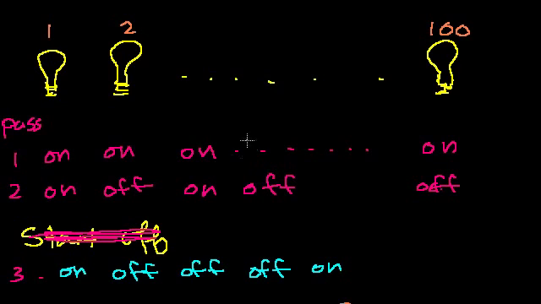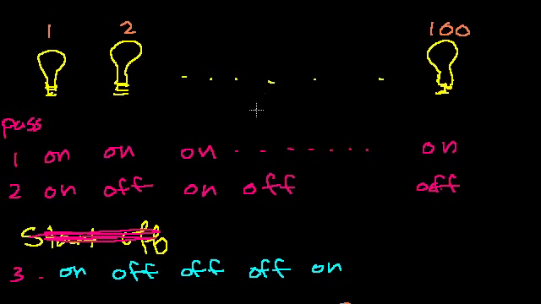So when do we know that a light bulb is being switched? If I'm on the second pass, I will switch, I don't want to say turn on, it might already be on, every light bulb that's divisible by 2. And then if I'm on the third pass, I'll switch every light bulb that's divisible by 3. So on every pass, what am I doing?